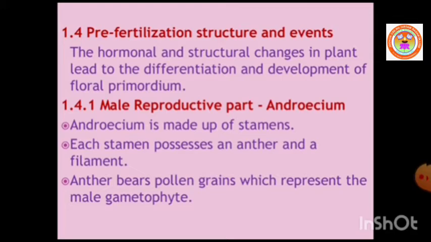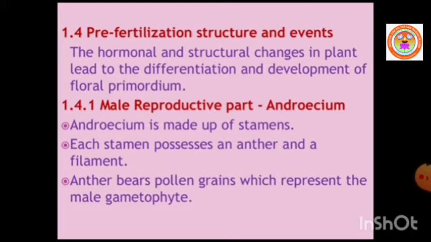The hormonal and structural changes in the plant lead to the differentiation and the development of floral primordium. The structures and events involved in pre-fertilization are as follows. First, the male reproductive part, androecium. Androecium is made up of stamens.